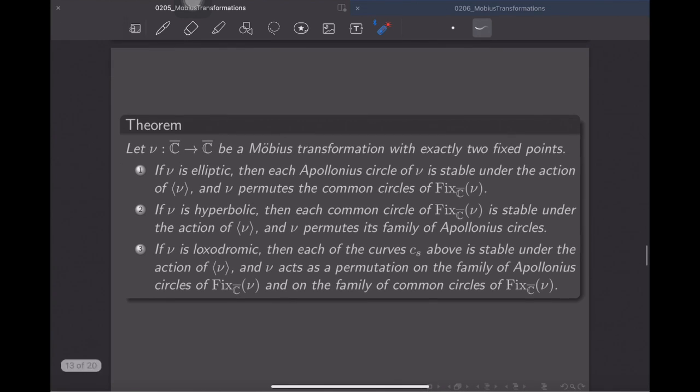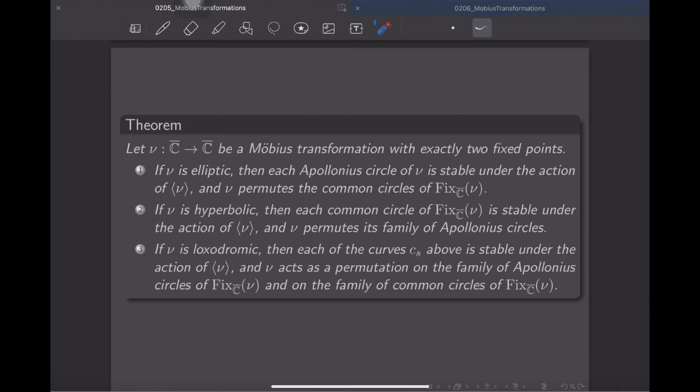And what happens is that in the first two cases, in the elliptic and hyperbolic, the Steiner grid in both cases just consists of the Apollonius circles around the fixed points and the common circles of the fixed points. Well, in the elliptic case, the Apollonius circles are stable under the action of the integral powers of the transformation, and the transformation permutes the common circles.